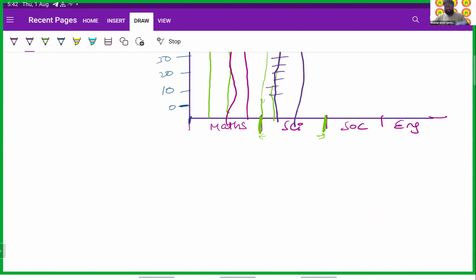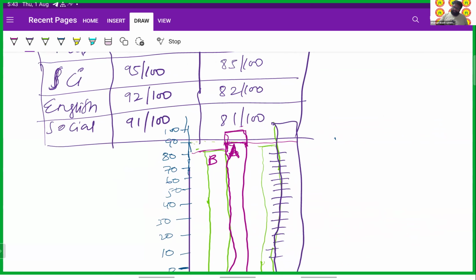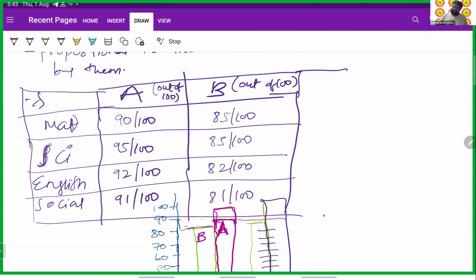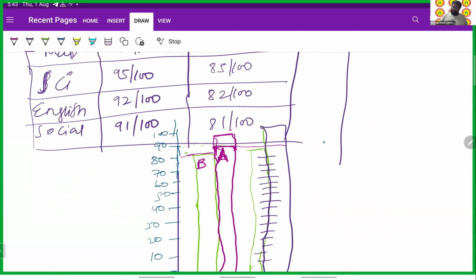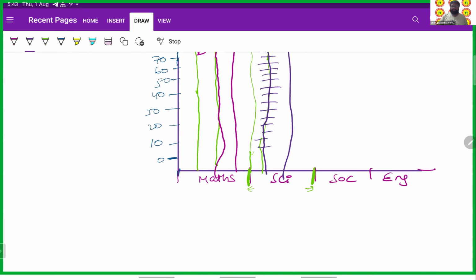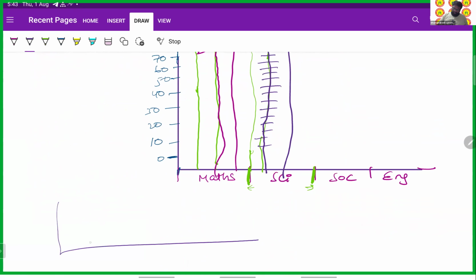And suppose there are multiple bar graphs also, it is available actually. Multiple bar graphs means, suppose I include one more person's marks, C. That person's marks you should also draw, right? So for maths, you will make it in this way.